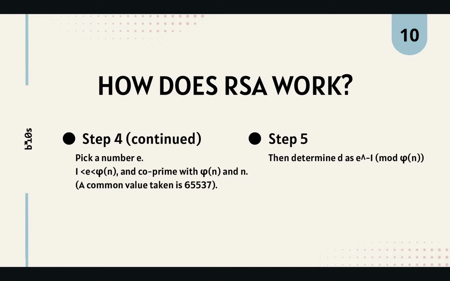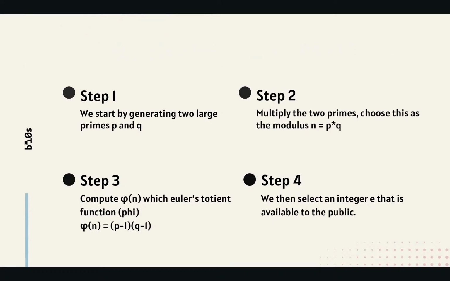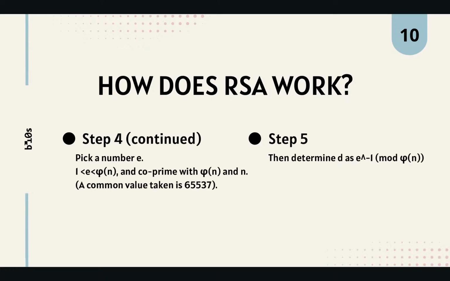To reiterate, the public key is the value n, which is the product of two primes, and the integer e, which is called the exponent. You have n and e as the public key, and the private key is d. So we generated these numbers. Let me explain how encryption and decryption works in RSA.